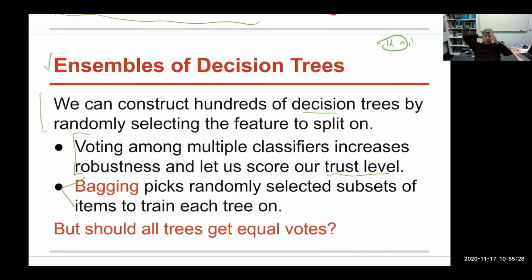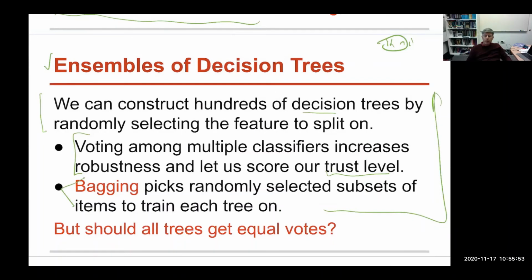Each of these trees, because they're training on different subsets of examples, will probably find certain features more or less interesting. Any questions about that? It should be clear that we can build many, many trees. It should be clear that we can run our examples on many trees. It should be clear we can vote.